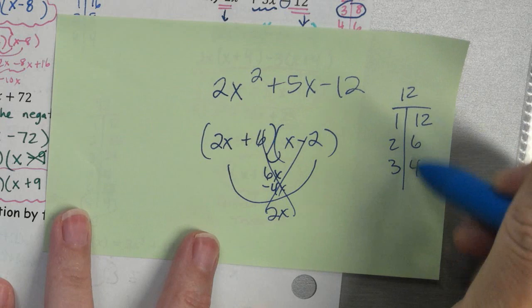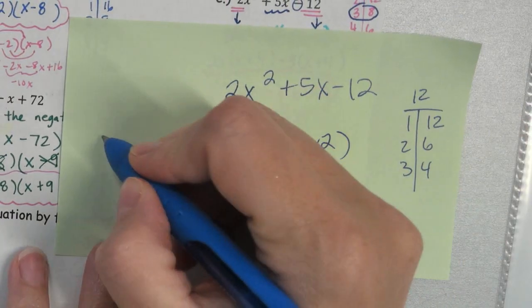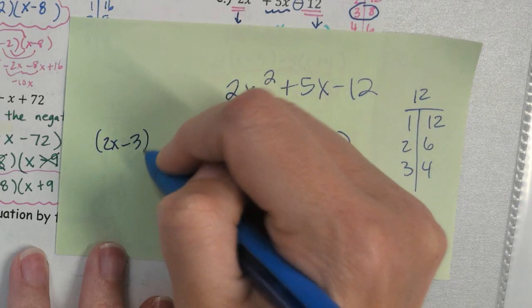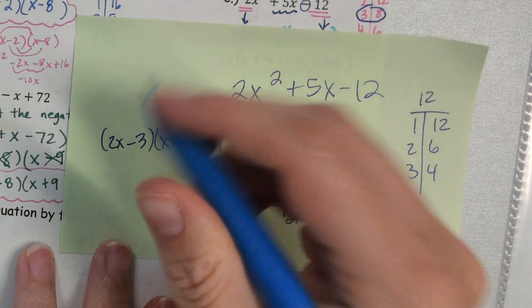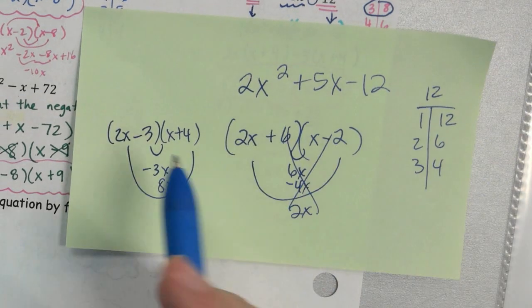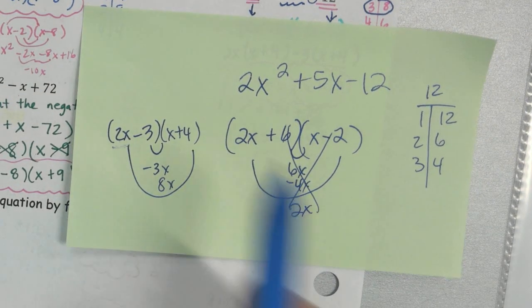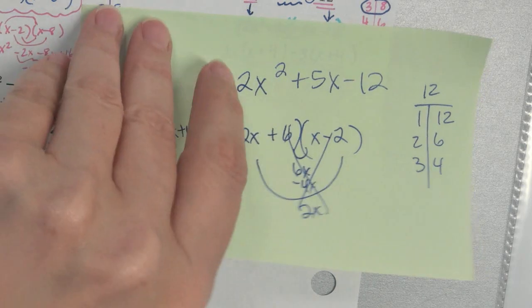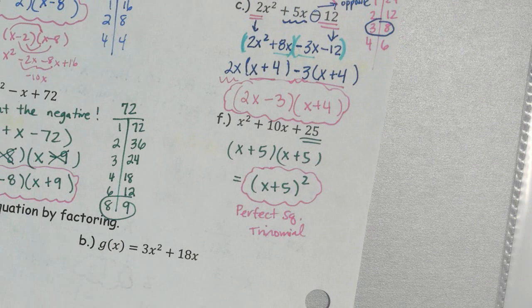Okay, no, that doesn't work, so maybe I would try the 3 and the 4. You could get there the exact same way by guessing and checking. Negative 3x. Just remember, when you have something in front, you have to multiply that to get the 5x. So you can use that method, or you can continue with the guessing and checking, whichever you like.